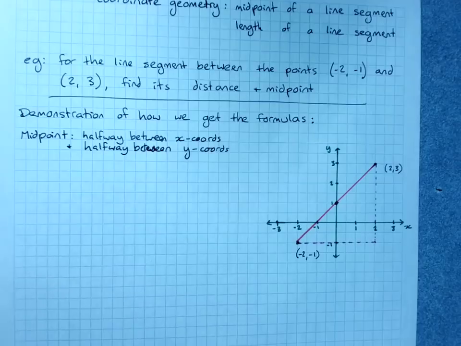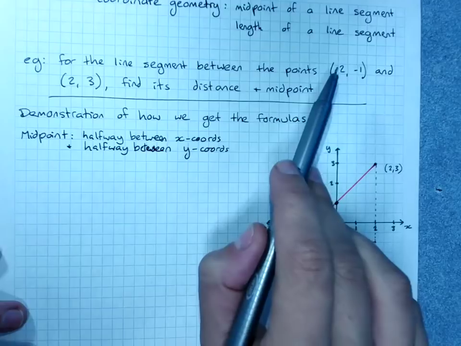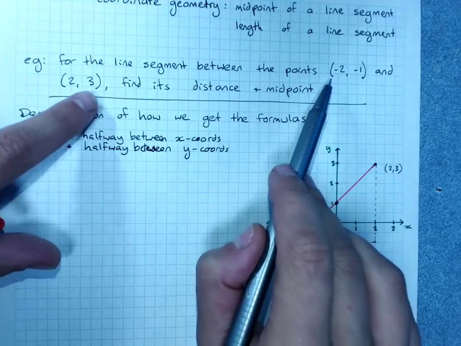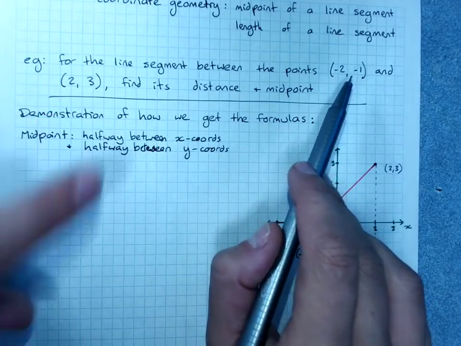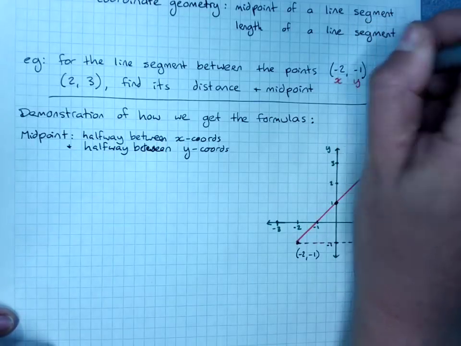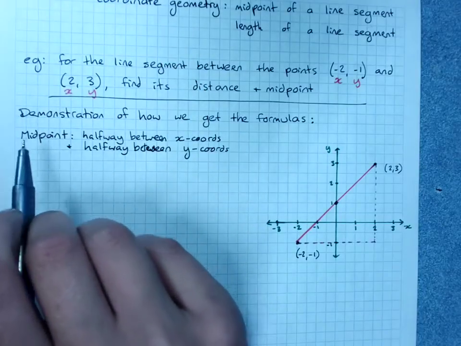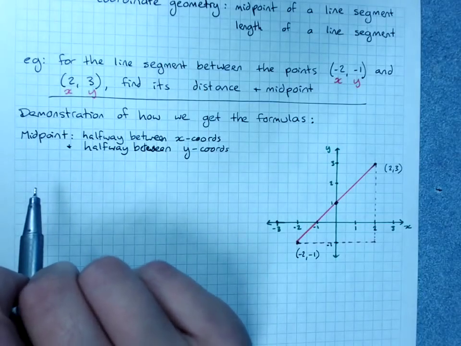Now, what we want is a formula that will always work. Our problem is I've got 2 different x coordinates, this one, and 2 different y coordinates, those 2. If I label this x and y, and this x and y, that doesn't work because there's 2 x's and 2 y's and they're different.